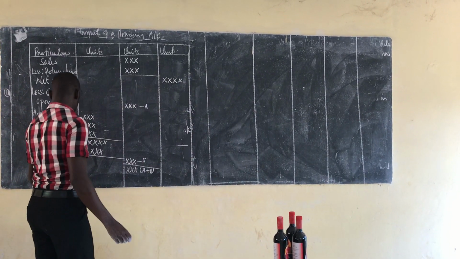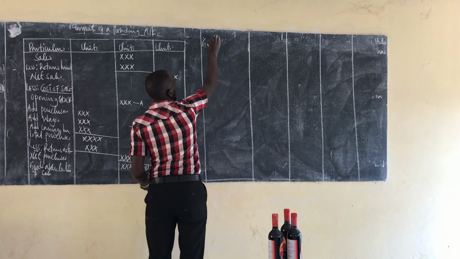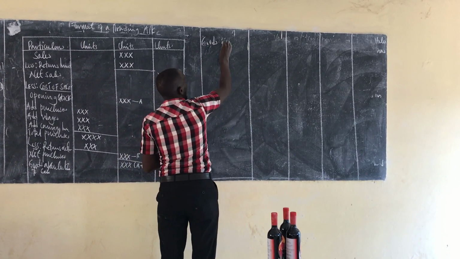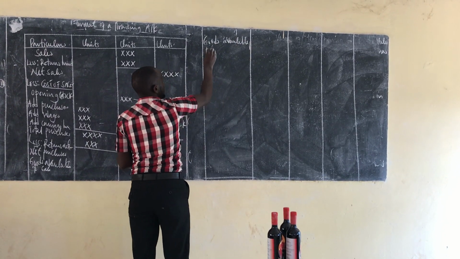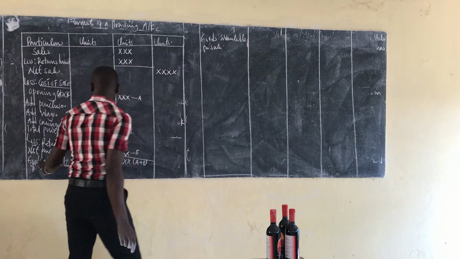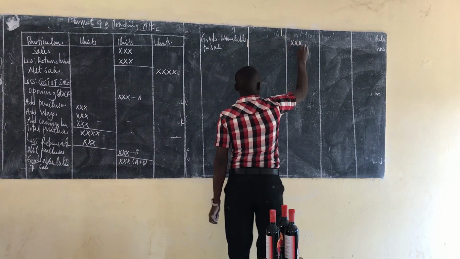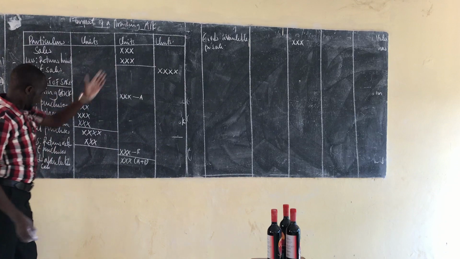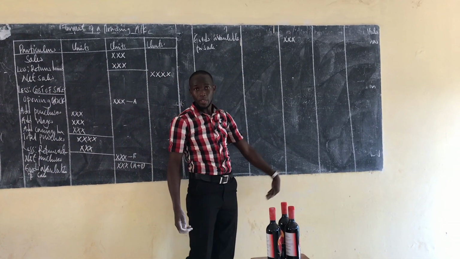So this is goods available for sale and this is the figure. So if I start from goods available for sale, this is the figure, it is in the second column. I'm assuming you're following me very well. Goods available for sale, this is the figure. So I've just written it here for continuity.